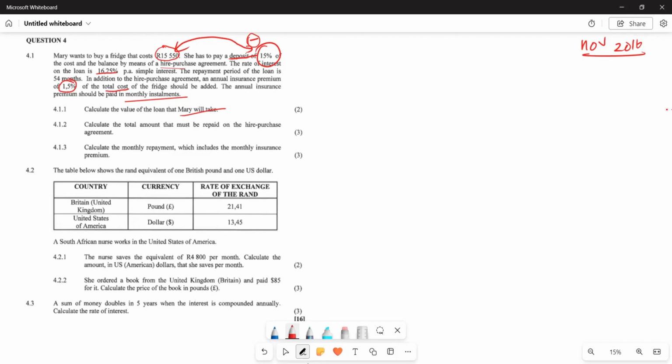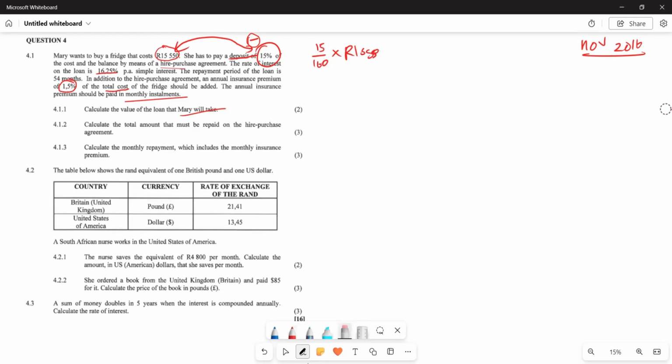So you're going to say, look, this is 15%, and 15% is the same as 15 over 100, multiplied by 15,550. Let's write this very nicely.